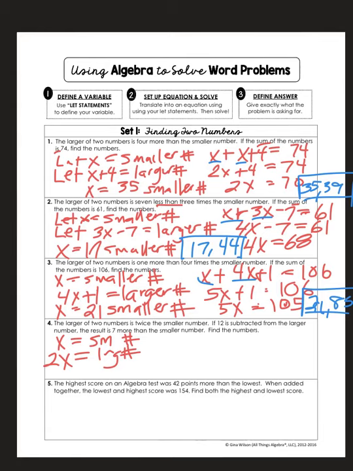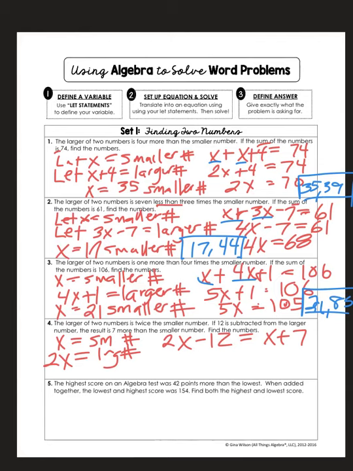If 12 is subtracted from the larger number, the result is 7 more than the smaller number. Okay, so if we take 12 away, subtracted from the larger number, the result is 7 more than the smaller number. More than is addition.